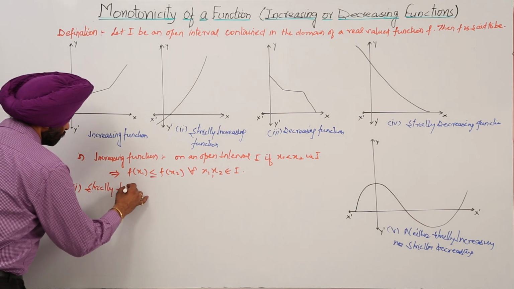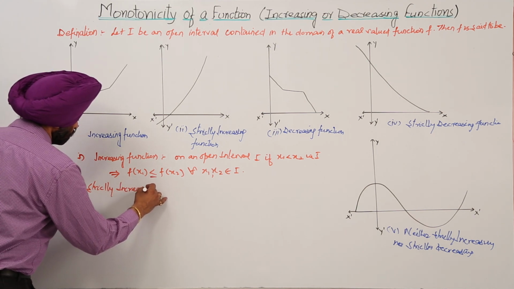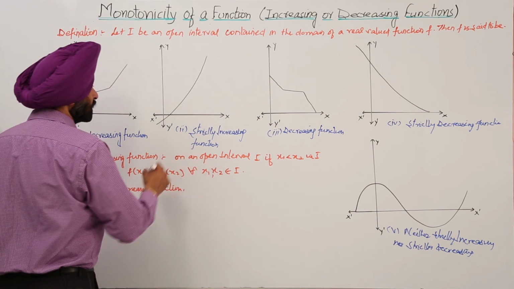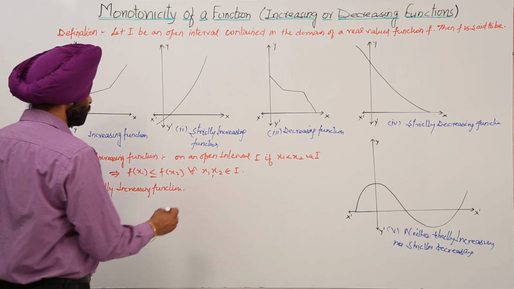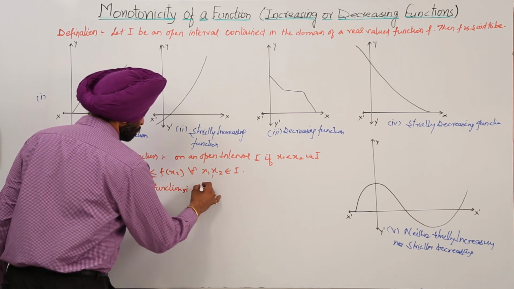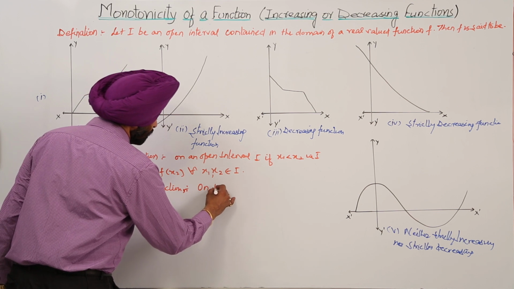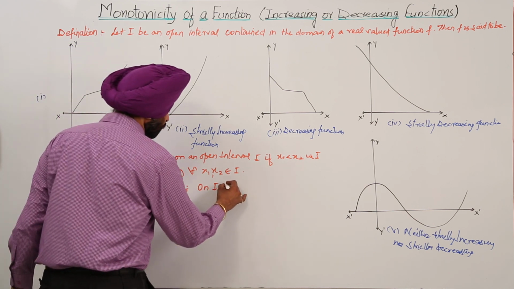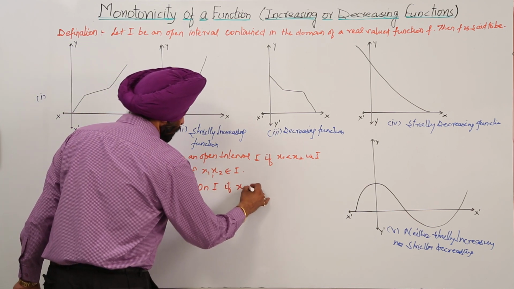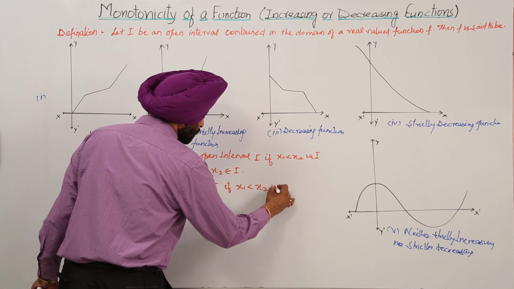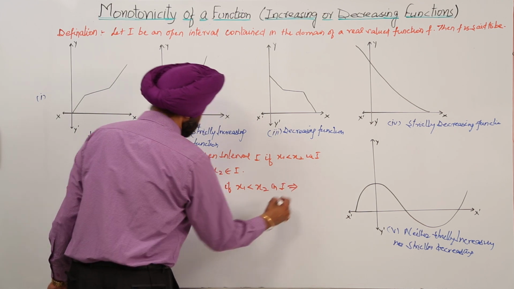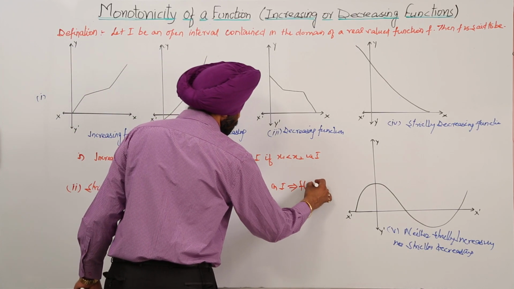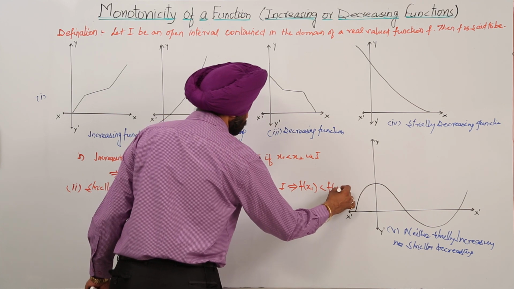strictly increasing function. Now in the strictly increasing function, what we can write is, on an open interval I, if x1 is less than x2 in I, and this implies f(x1) is less than f(x2).